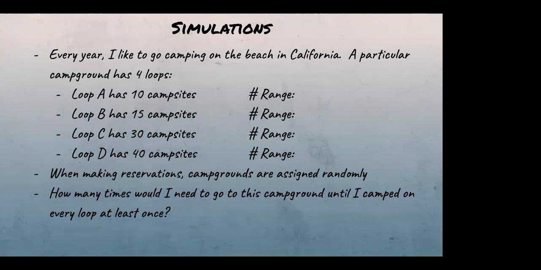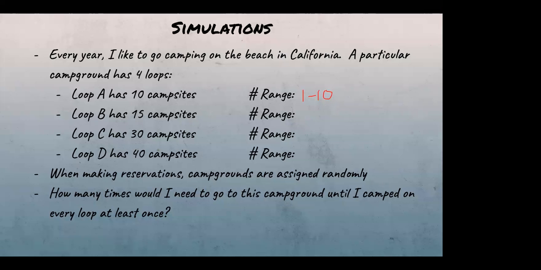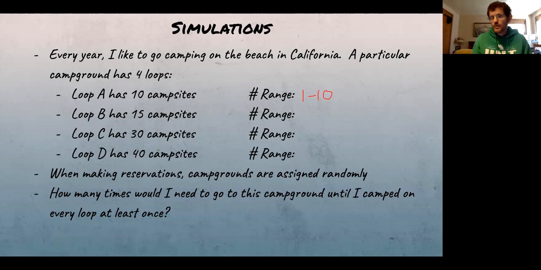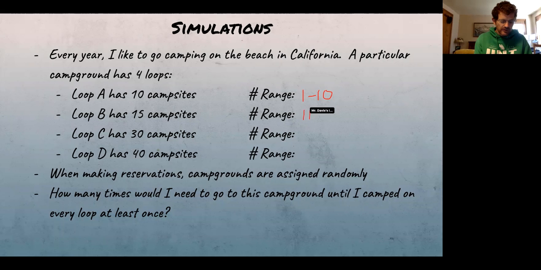I heard 1 to 10. So if I've got a random number that could be generated, what might correspond with loop B? 1 to 15? Not quite. It'd be 11 to 25.